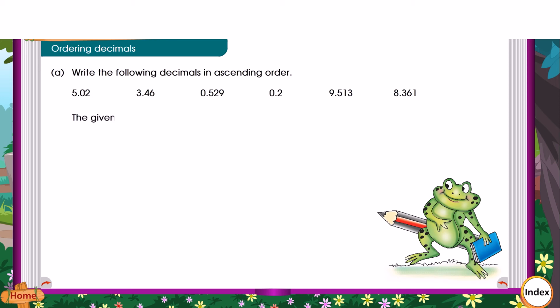The given decimals are 5.020, 3.460, 0.529, 0.200, 9.513, 8.361.